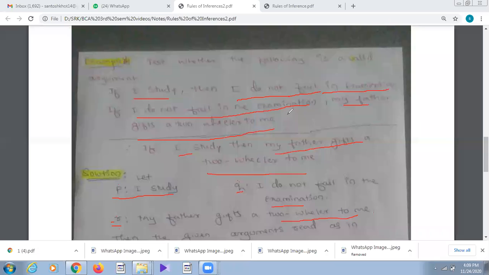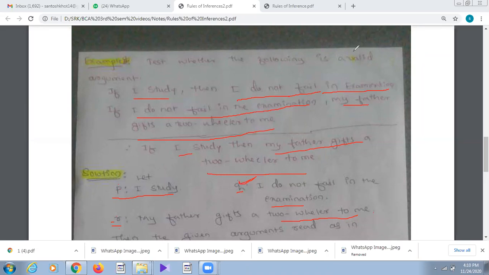If the negative of that sentence is not there, you can take it directly as the positive. Here "I do not fail in the examination" I take directly as Q, because "I fail in the examination" is not there in this argument.